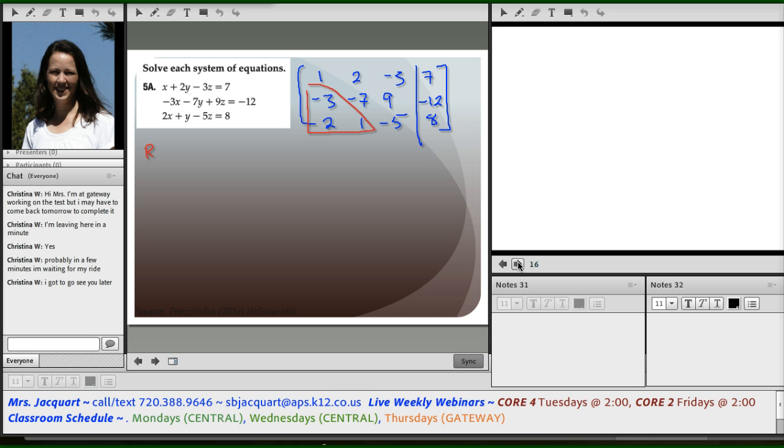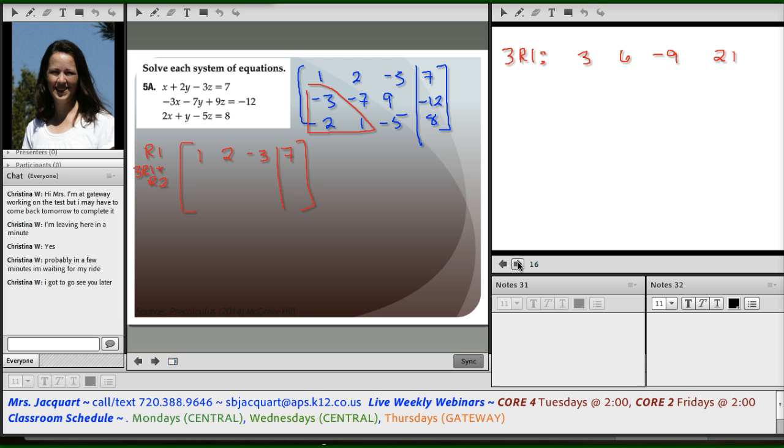Row 1, I'm just going to go ahead and rewrite it: 1, 2, -3, 7. And then I'm going to multiply row 1 by 3 and add it to row 2. So I'm going to go to the whiteboard to show you that work. 3 times row 1 is 3, 6, -9, 21.